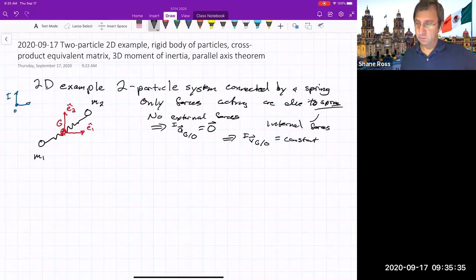If we write the location of each particle with respect to the center of mass, so here is, let's call this R2 with respect to G, and then we've got R1 with respect to G.